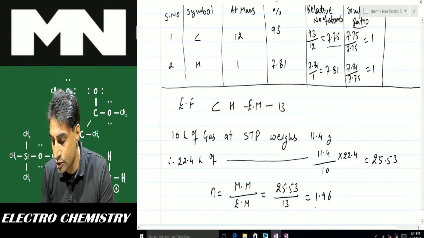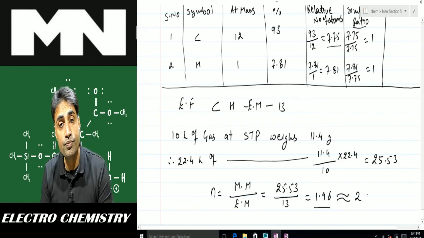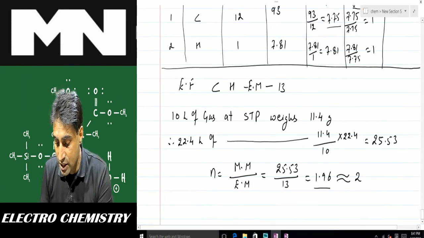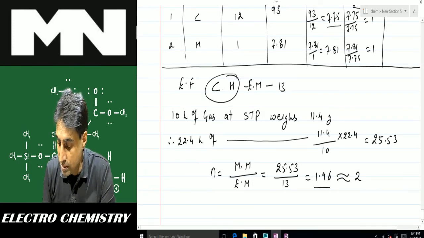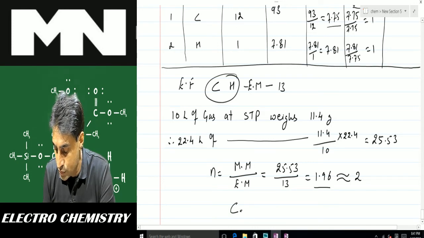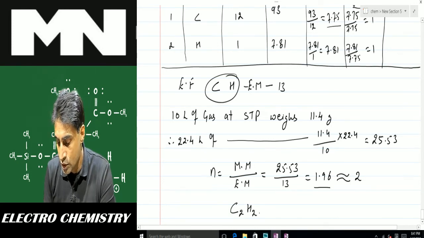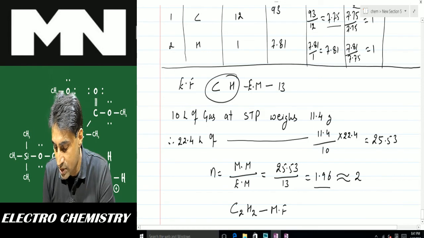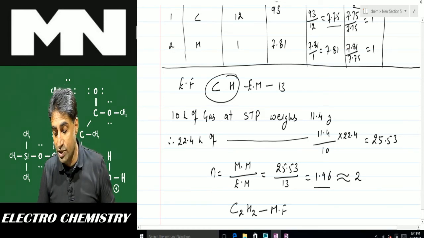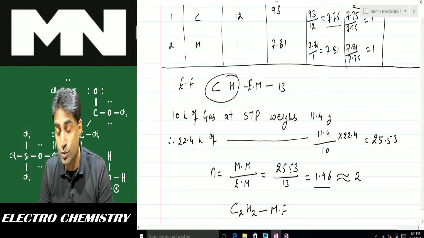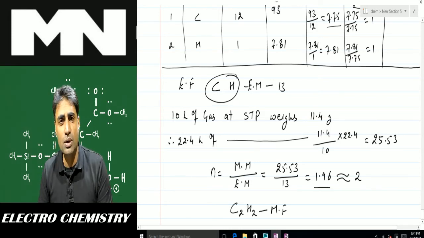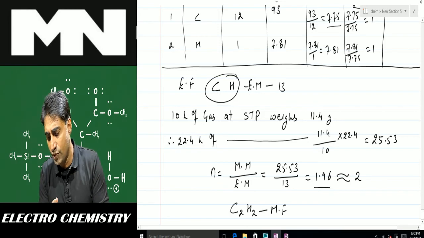If it is coming out to be 1.96, I'll round it off, that means it is nearly equal to 2. If I multiply the empirical formula by 2, I will get C2H2. So this is the molecular formula of the compound. The molecular formula is C2H2, its empirical formula is CH, and its molar mass is 25.53.